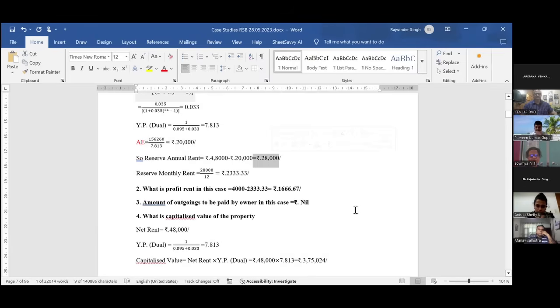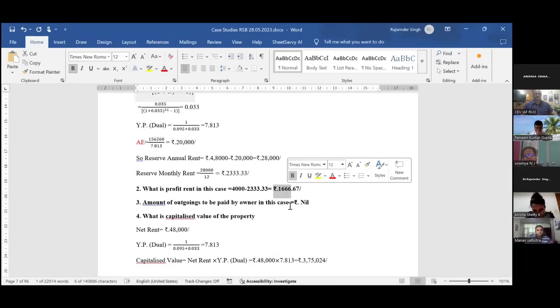So in total he requires 48, out of which he is getting 20 from the bank. He will get 28 in the form of actual rent. So rent per month will be 28,000 divided by 12, 2,333. He will get that in the form of rent, and 1,666 in the form of interest from the bank. So the total will remain 4,000.